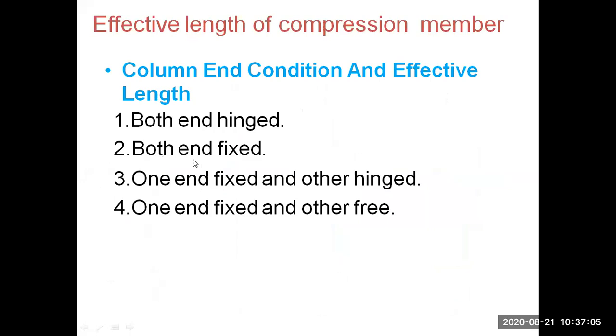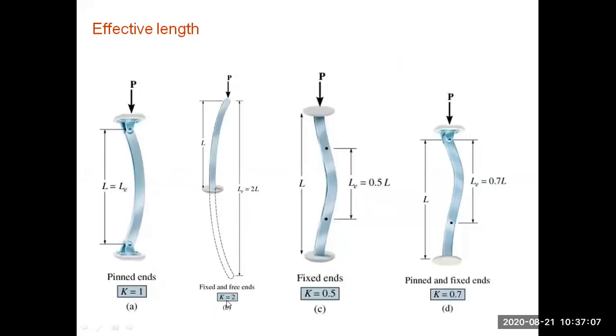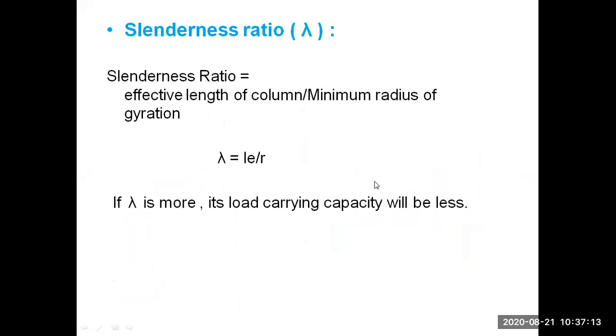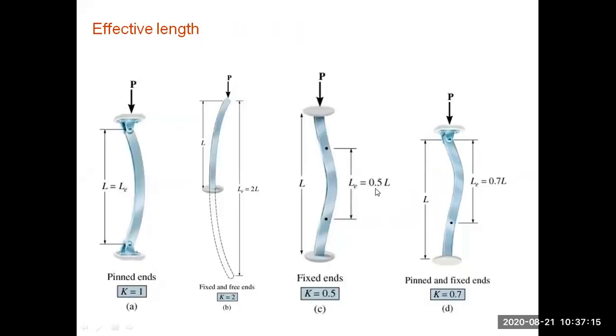Now second, both ends fixed. Here condition C, but the value given is wrong. The effective length L for both ends fixed is 0.65 L.